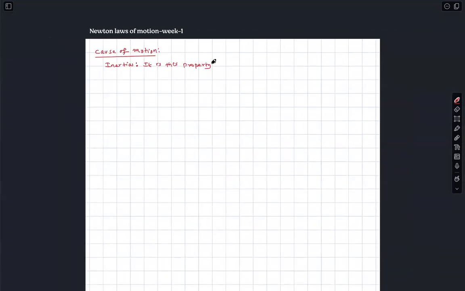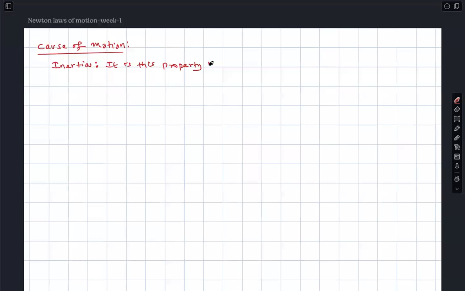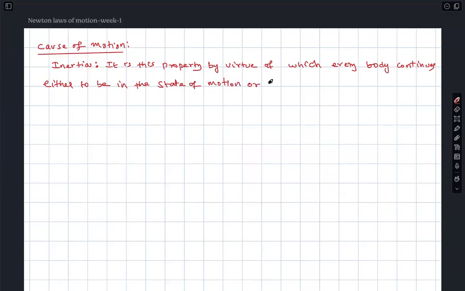It is this property by virtue of which every body continues either to be in the state of motion or rest.